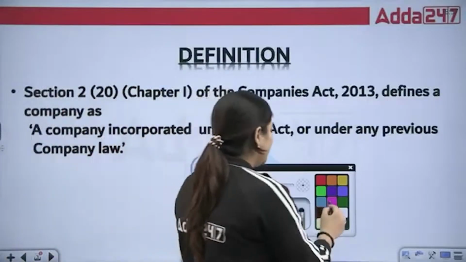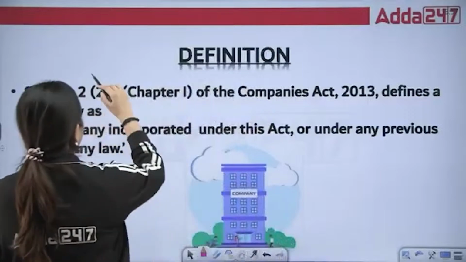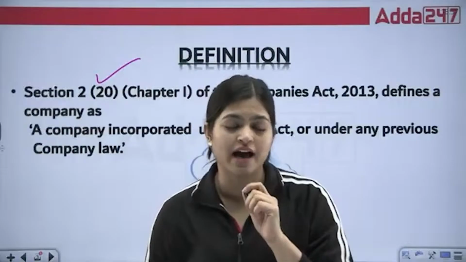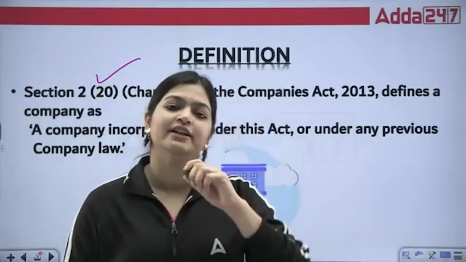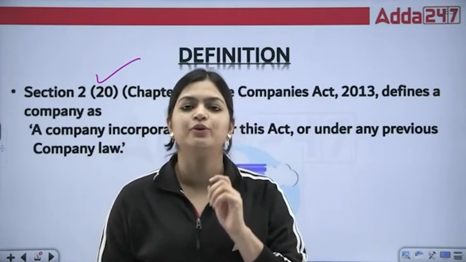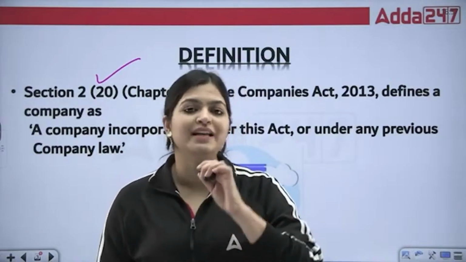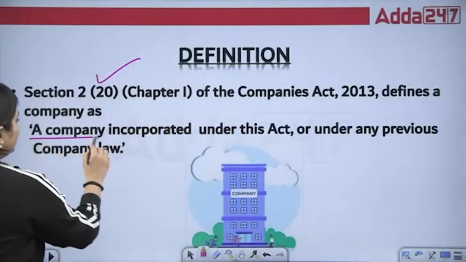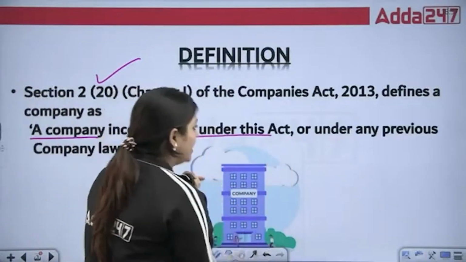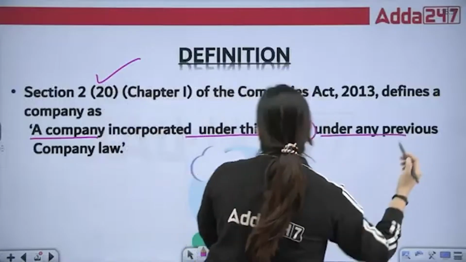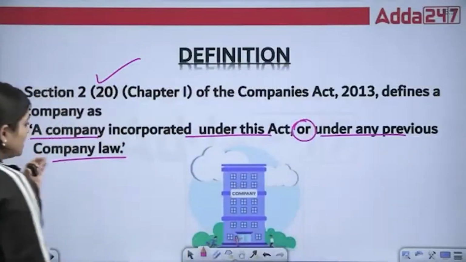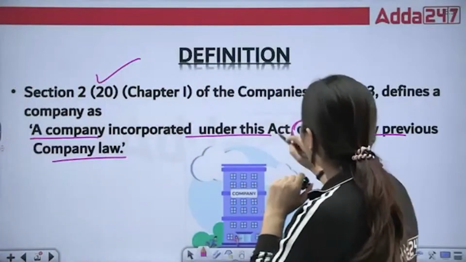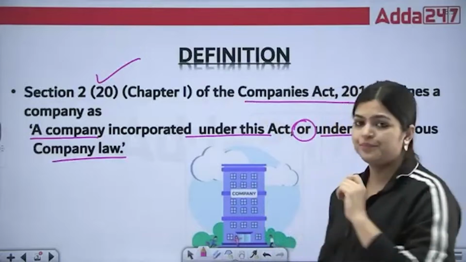So let's start with the first definition given under your Companies Act 2013. Like in banks, we have the Banking Regulation Act 1949. Same for the companies, we have some rules and regulations, that is your Companies Act 2013. So as per this, a company is incorporated under this act or under any previous company law. Now, this act was introduced in 2013.